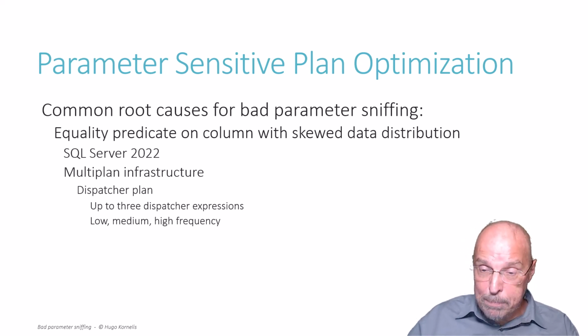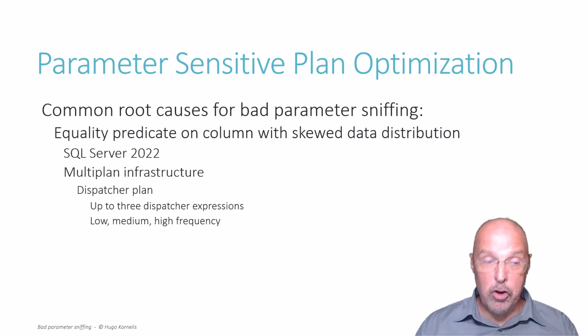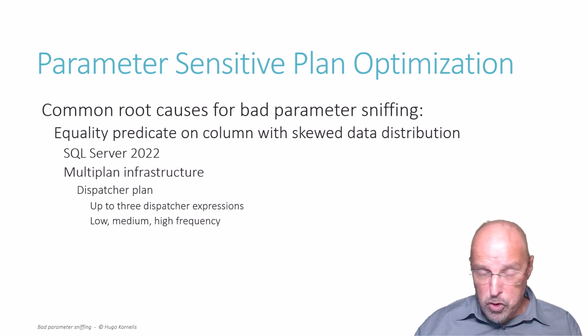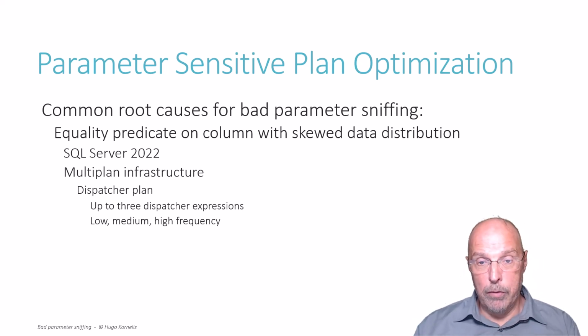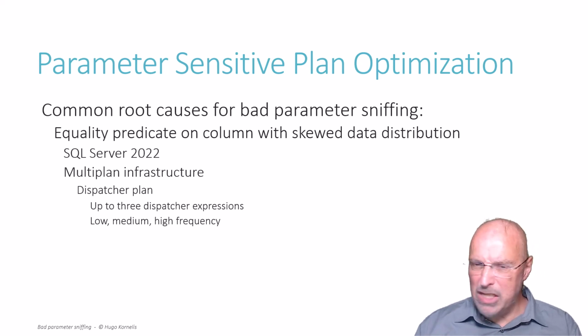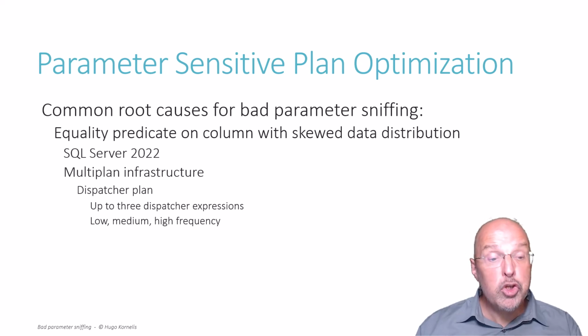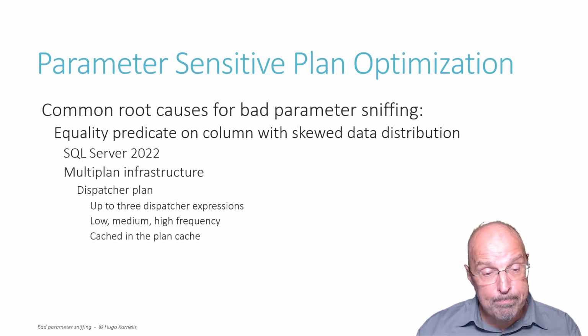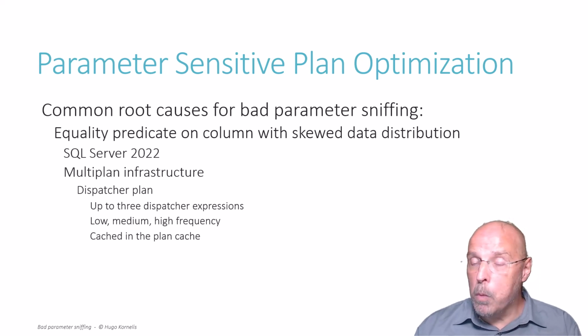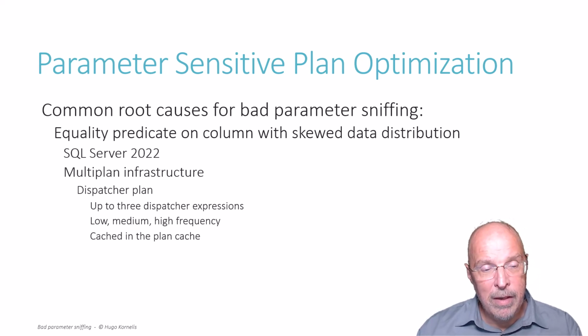Do we expect that this parameter will hit only a few rows, a moderate number of rows, or an insanely high number of rows? Low, medium, high. This dispatcher plan is a really simple plan. It's still stored in the plan cache, because even creating a dispatcher plan takes some time, so why wouldn't we store it?